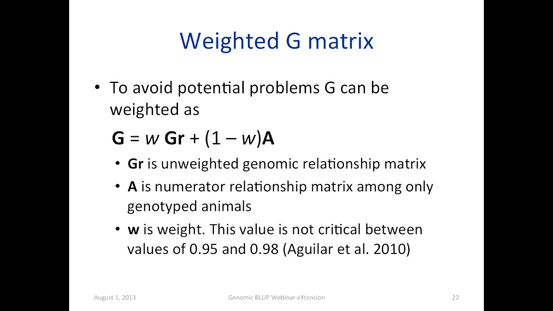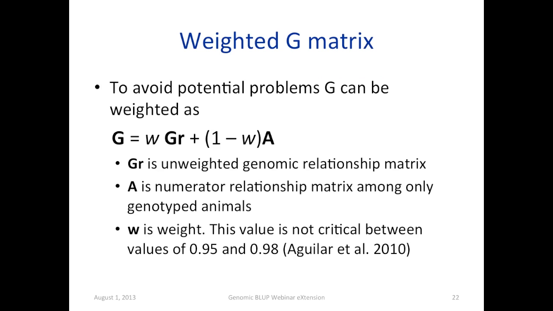So to avoid potential problems, the G matrix can be weighted as given in the formula. So here GR is the unweighted genomic relationship matrix. A is the numerator relationship matrix among only genotyped animals.